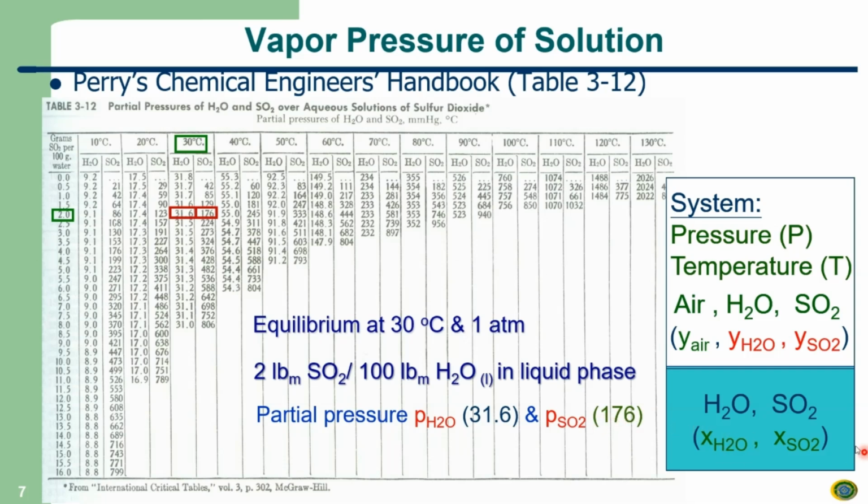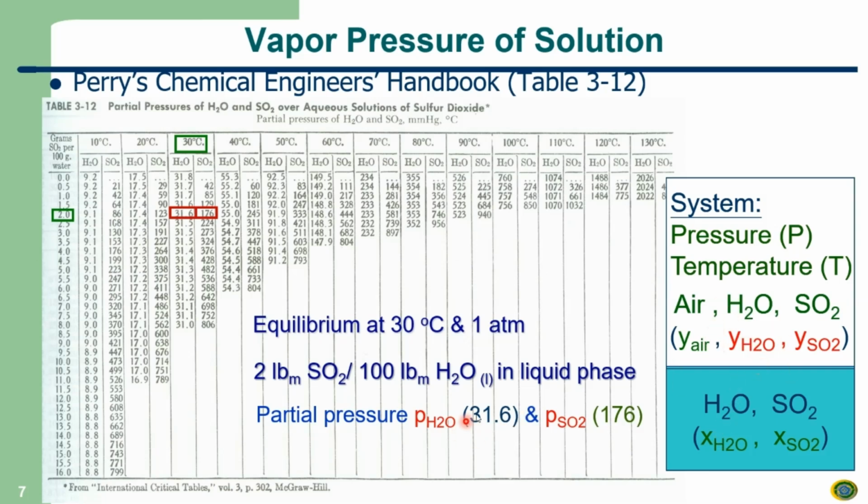So how are you going to get this? Because you know this, you know the molar fraction here in the liquid phase, 2 out of 100, and you can get a molar fraction through the molecular weight. What you don't know is these two.